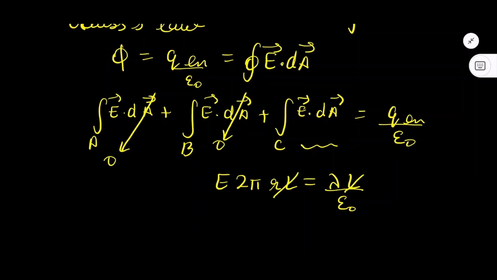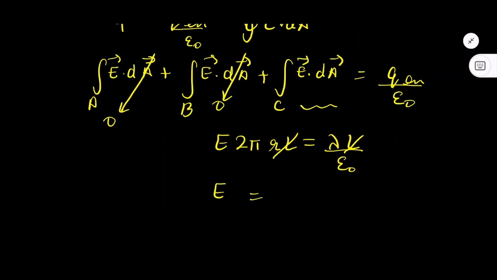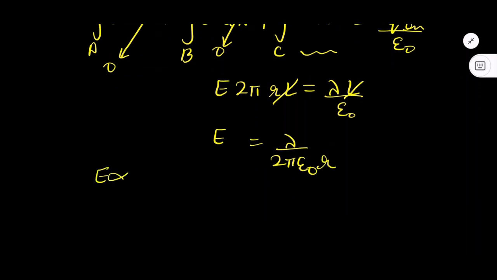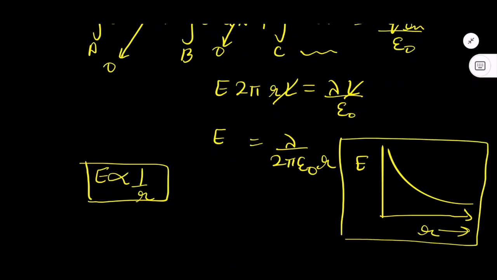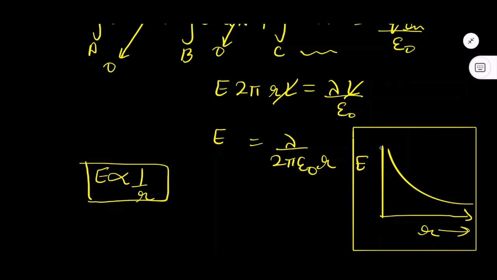So L will be cancelled out, and the electric field will be lambda upon 2 pi epsilon naught R. So we can see that the electric field is inversely related to the distance, and if we need to draw the graph between the two, with electric field E and here R, the graph will be of something of this nature, right? So this is our second application of Gauss law.